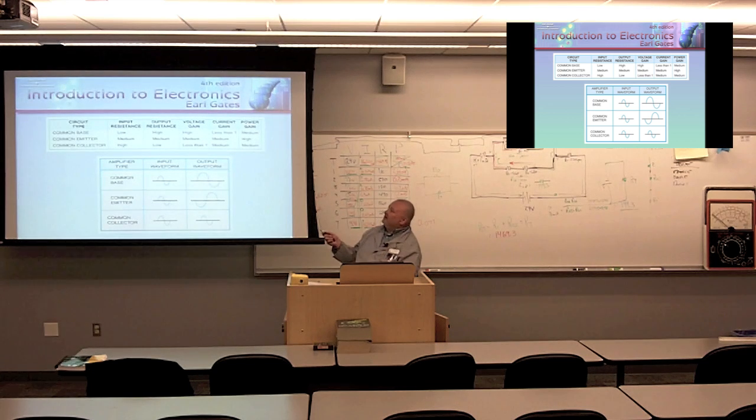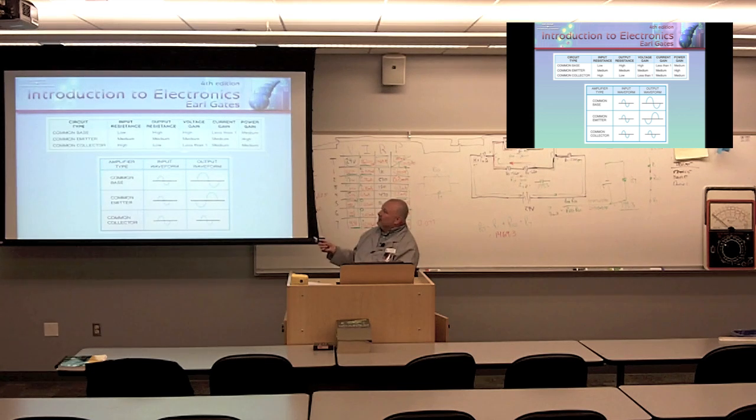The voltage gain, common base is high, common emitter is medium. Common collector, check this out, voltage gain less than 1. You put in 1 volt peak to peak, you're going to get something out less than a volt peak to peak. That doesn't sound like it's amplifying voltage, does it?